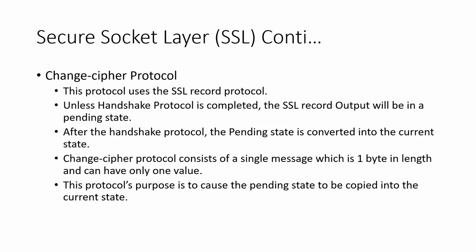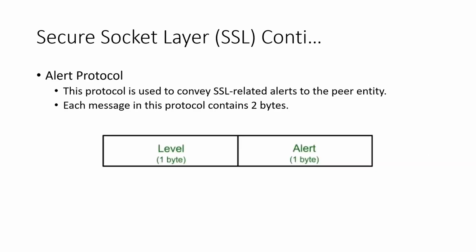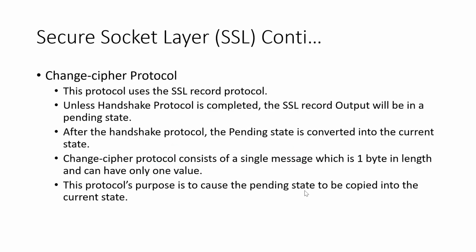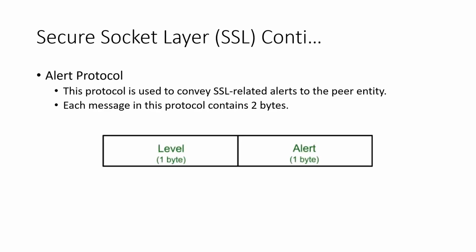So it alters the value. That means the state. Initially, it was the pending state. It helped the change cipher spec protocol. It only holds a single bit. Sorry, a single byte. So 8 bits will change the pending state into the current state. So the alert protocol, this protocol is used to convey SSL related alerts to the peer entity.